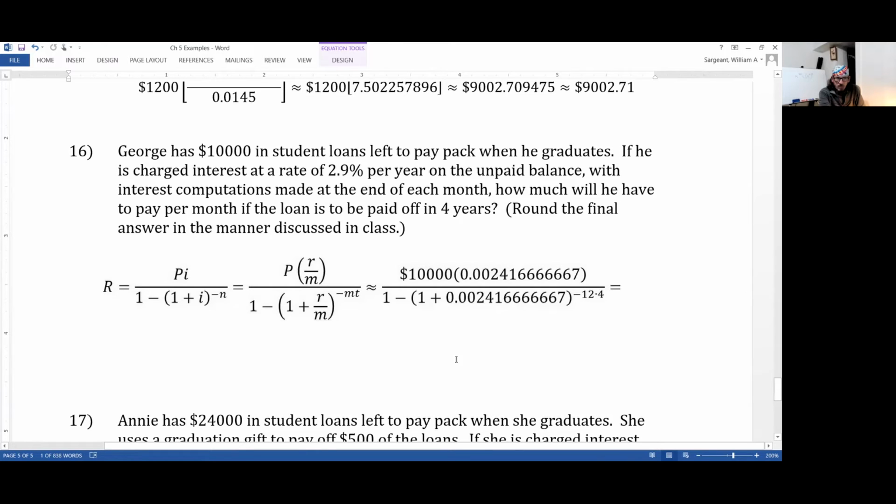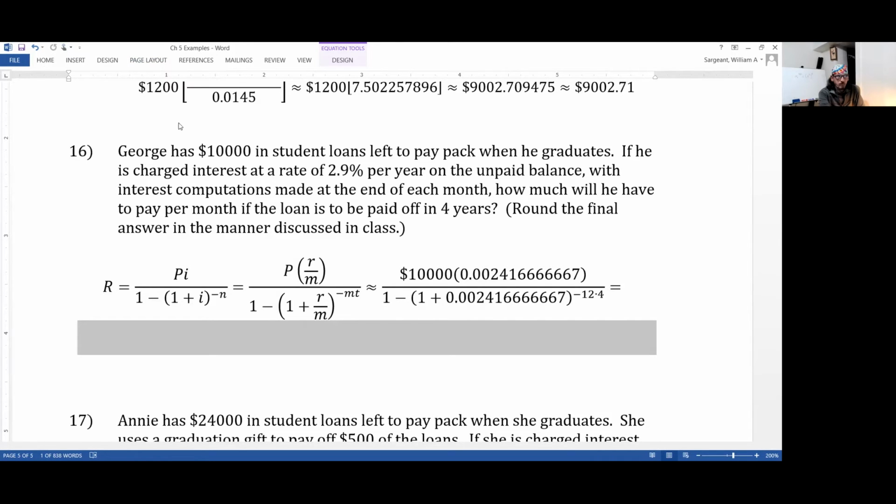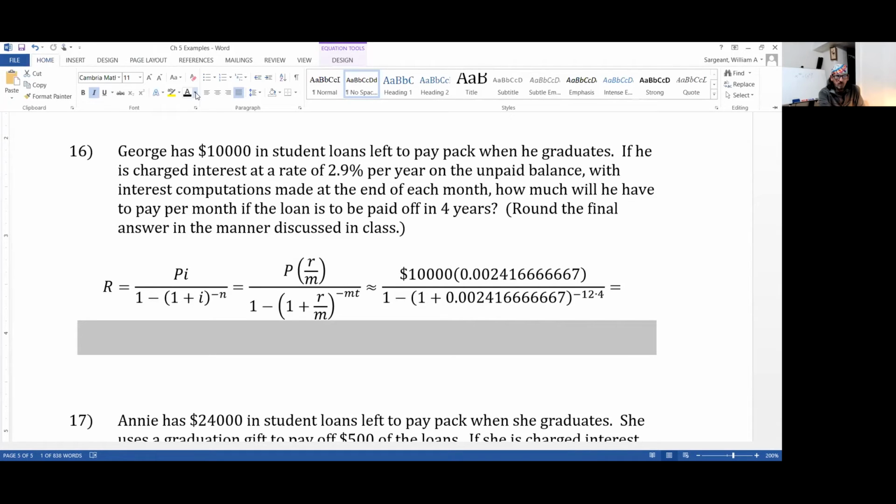And remember that if we had divided 10,000 by the 48 months that we have in 4 years, if there was no interest, then roughly George would be paying $208.33 a month. However, with every payment that he makes, he is having the interest working against him.